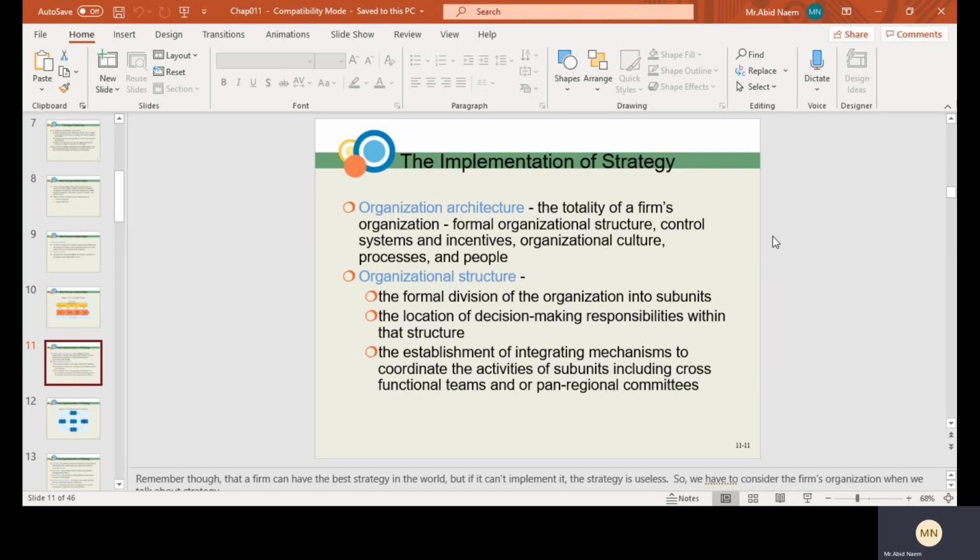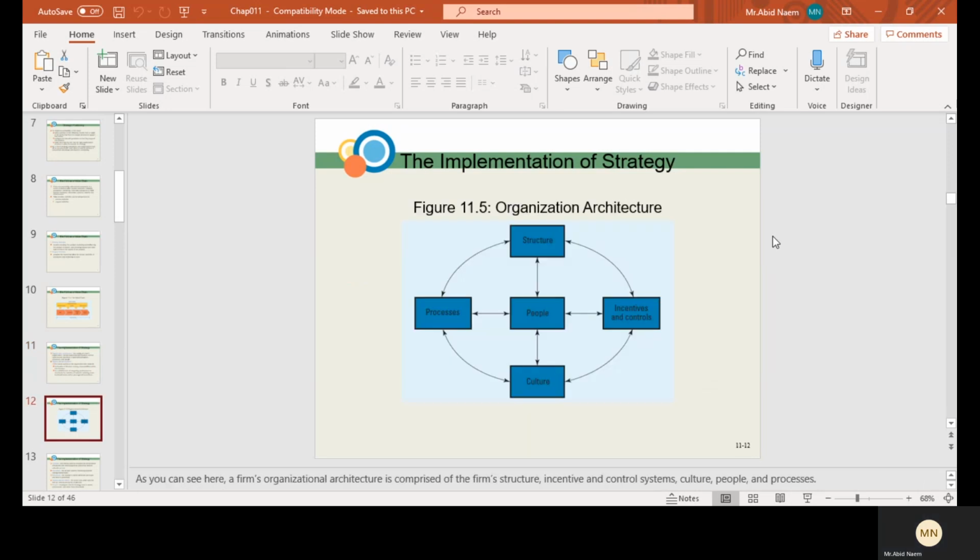I mean, if a team consists of 6 people, these 6 people can belong to 6 different departments, but they will be collaborating for the single cause of fulfilling the requirements of consumers. Or it can be pan-regional. Maybe one member can be from the Asian region, one from the European region, and the composition of the team can include people from regional and divisional headquarters as well, to name a few.